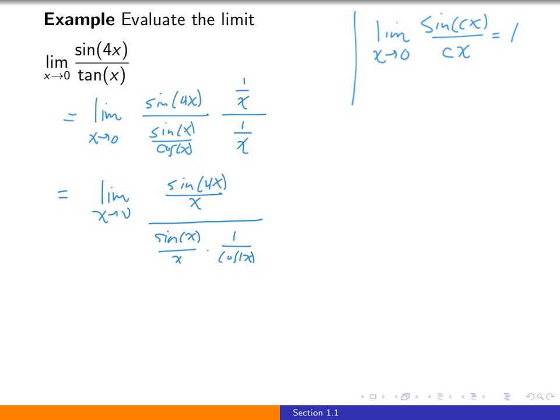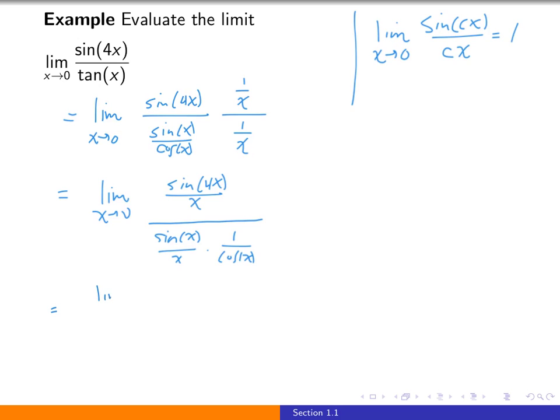So now if we think about letting x approach 0 in the denominator, the sine x over x term is going to go to 1, and 1 over cosine x is going to go to 1 over cosine of 0, and cosine of 0 is 1. So now that expression in the bottom is going to be defined, and we can go ahead and apply our limit laws.